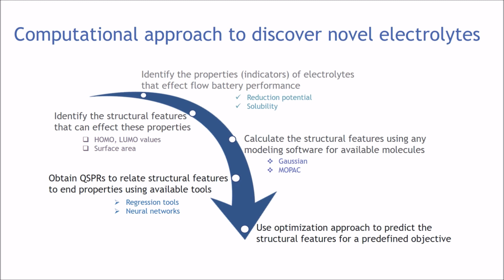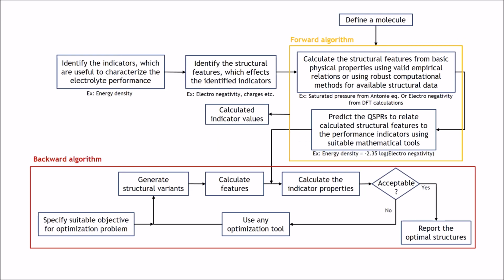Once we have the QSPRs, formulate an inverse optimization problem to get the feasible structures for the desired task. Here, the forward algorithm is the QSPR prediction step for each indicator, whereas the backward algorithm is the inverse optimization approach that finds the optimal structures for the specified objective.